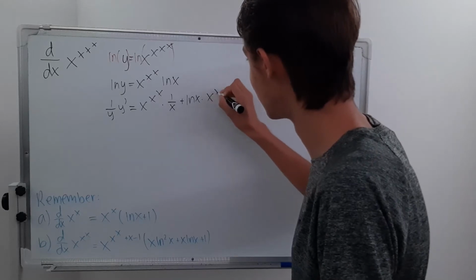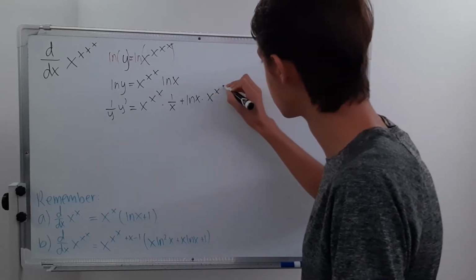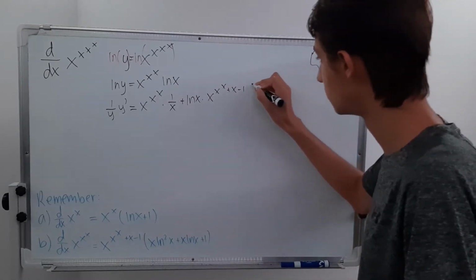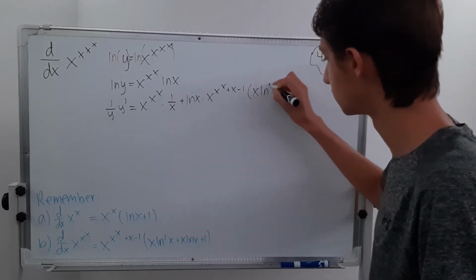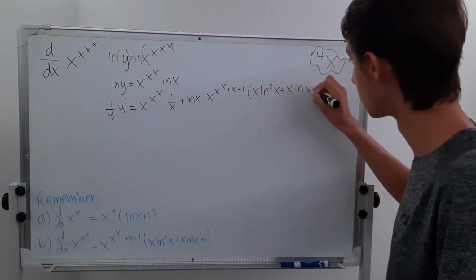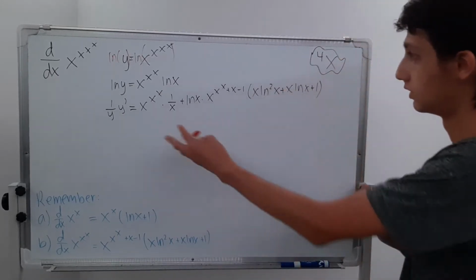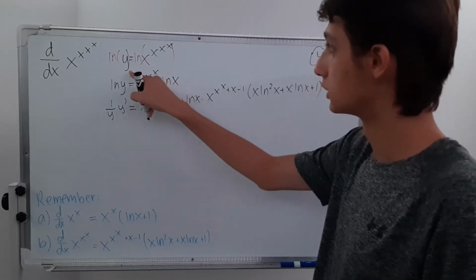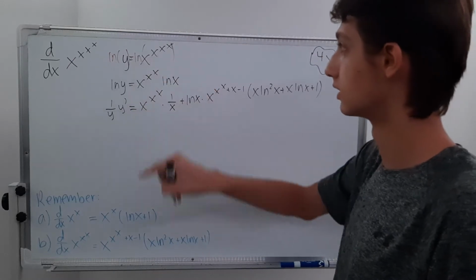So x to the x to the x plus x minus 1 times x ln squared x plus x ln x plus 1. Okay, so this is our formula. Now we just have to multiply out our y, which we said was x to the x to the x to the x.